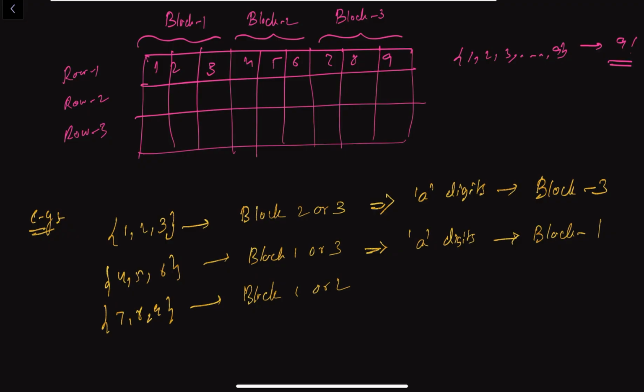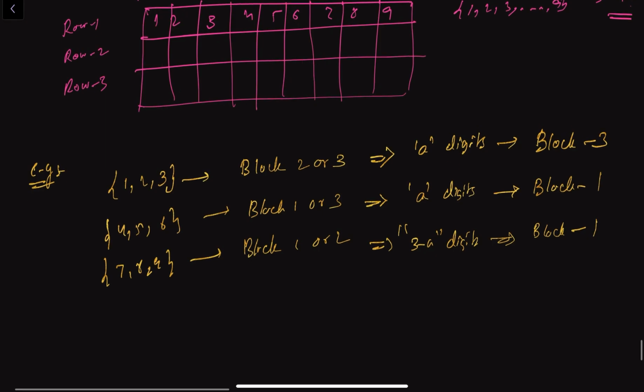This means 3 minus A digits from 7, 8, 9 should go to block 1. Because A digits are going to block 3, 3 minus A digits should go to block 1.